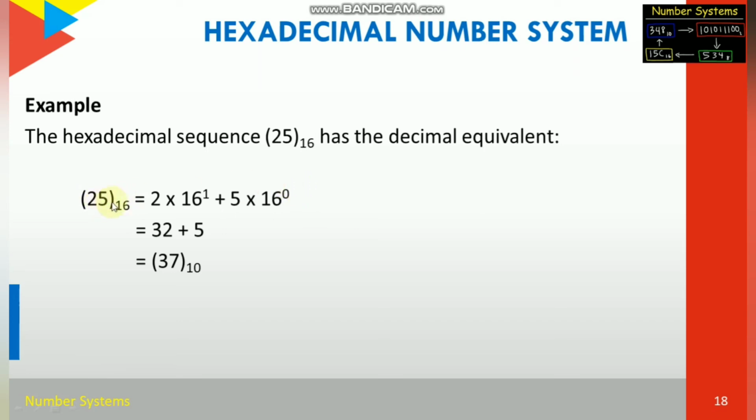So this is the least significant bit because it has a smaller positional weight, and this one is the most significant bit, it has the highest positional weight. So 16 into 2 is 32. Anything to the power 0 is 1. So 1 into 5 is 5. So total 37 to the base 10.